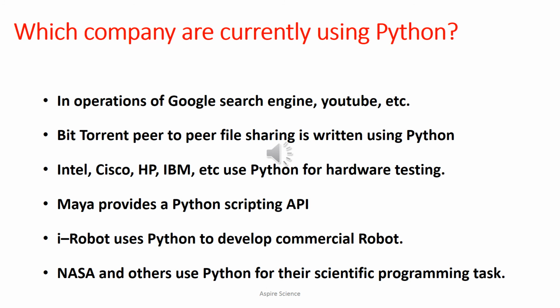After that, iRobot, the company that creates robots, is using Python. And in scientific research organizations, like NASA and some other space research organizations, Python is also used. So we can say that the topmost companies and organizations of the world are using Python.